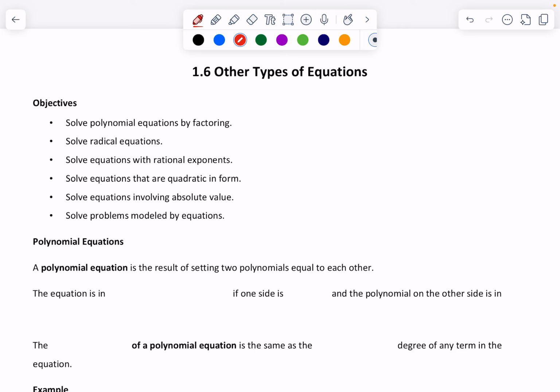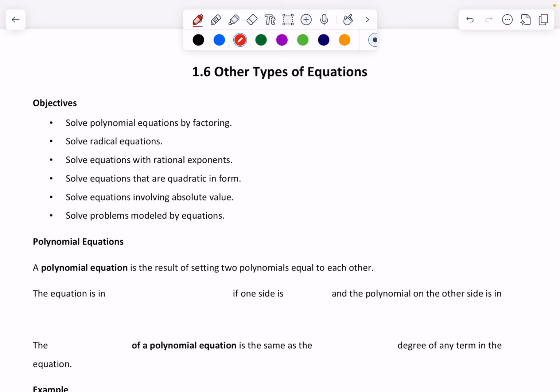See if you're able to try them on your own. But anyway, do not hesitate to ask any questions. If there's anything that I say that you don't think is correct or you don't understand, please contact me about it. So anyway, other types of equations.